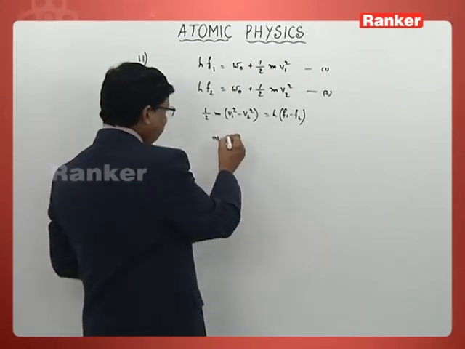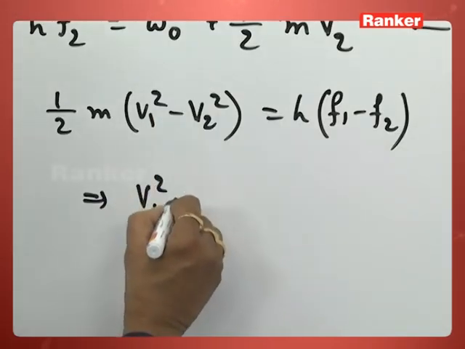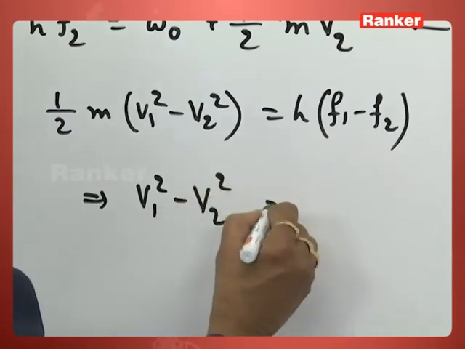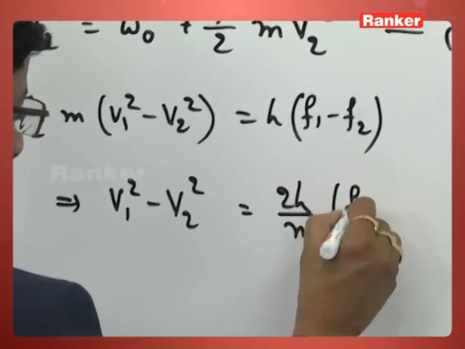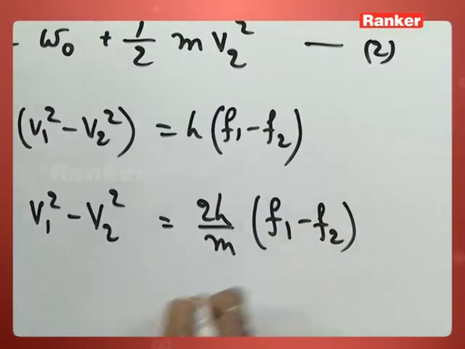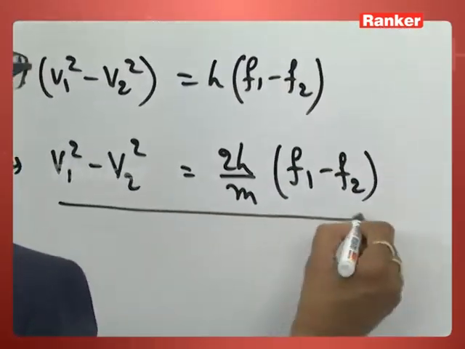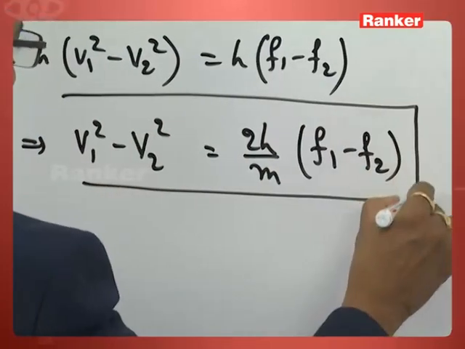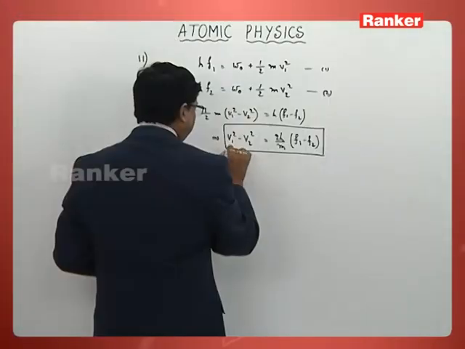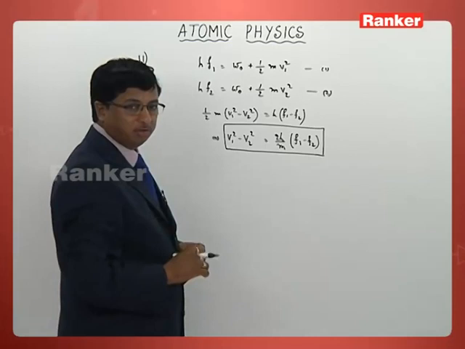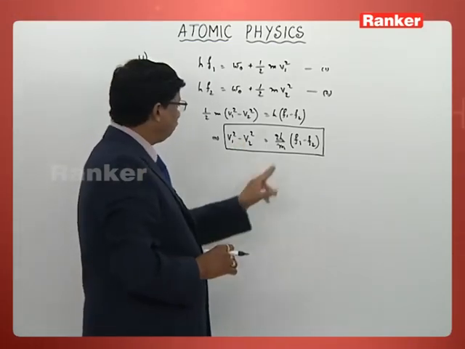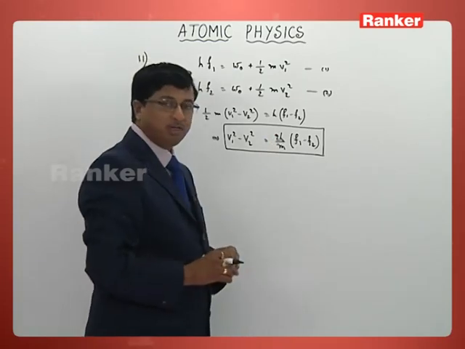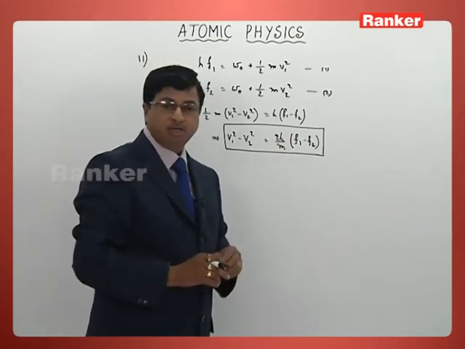So from this one, v1 square minus v2 square is equal to 2h by m into f1 minus f2. This must be the correct relation between velocities and frequencies given in the problem.